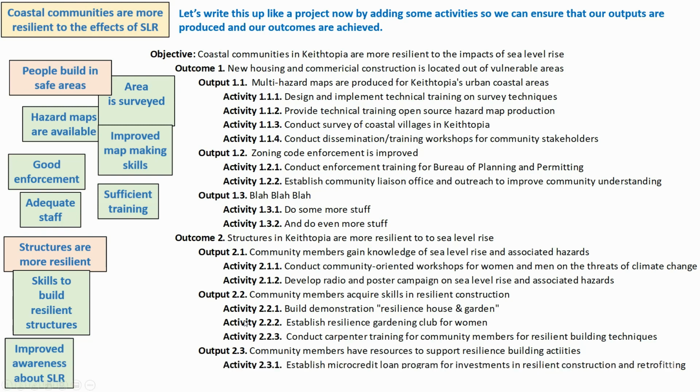Resources, money. So here we'll establish a microcredit loan program for investment in resilient construction and retrofitting, and we'll also establish a revolving savings group, a ROSCA, for women. Yeah. So this is very important because we want to provide the means for people to adopt these resilience building measures, right? That's extremely important.